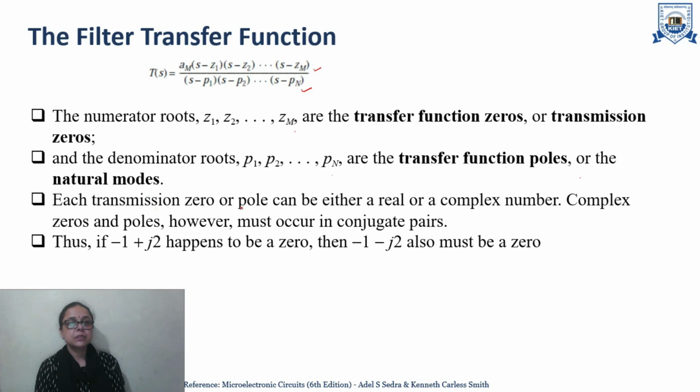Each transmission zero or pole can be either a real or a complex number, and if it is a complex number, then it must have its conjugate pair. It means, let's say if one of the zeros is minus 1 plus j2, then another zero will be minus 1 minus j2. So this is the general expression, and with it we can find the expressions for low pass and high pass filter functions.